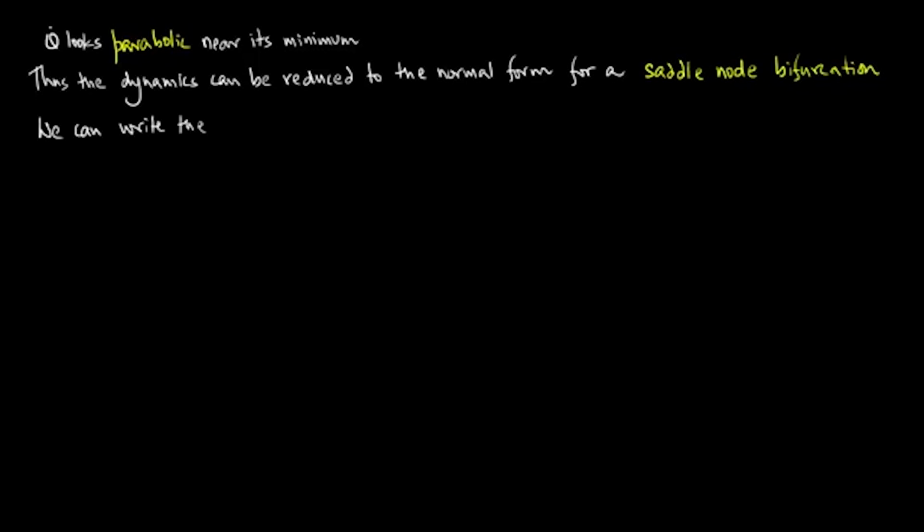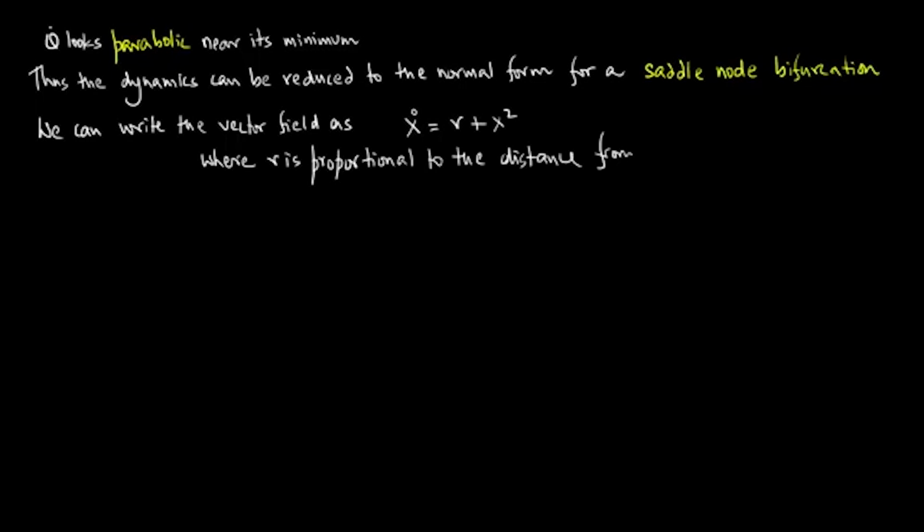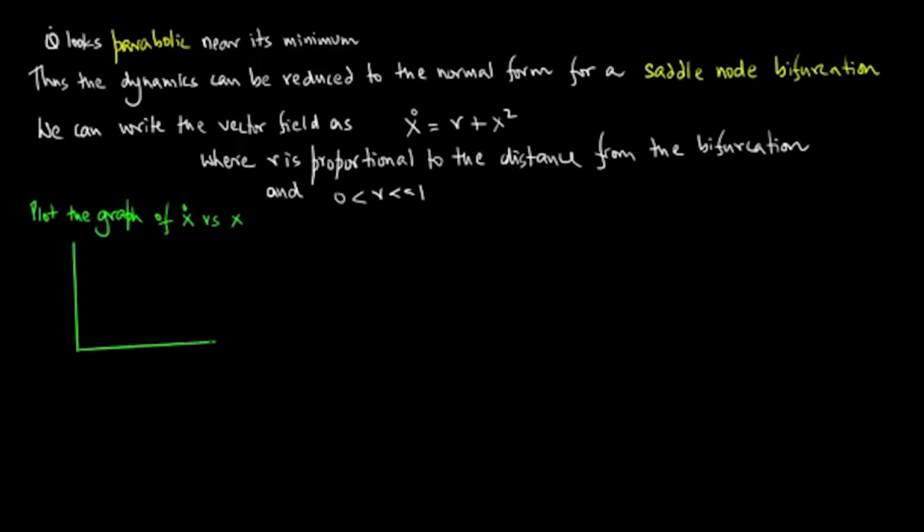We can write the vector field as x dot is equal to r plus x squared, where r is proportional to the distance from the bifurcation, and r is much less than 1 and greater than 0. So let's plot the graph of x dot versus x. Now that's the plot.